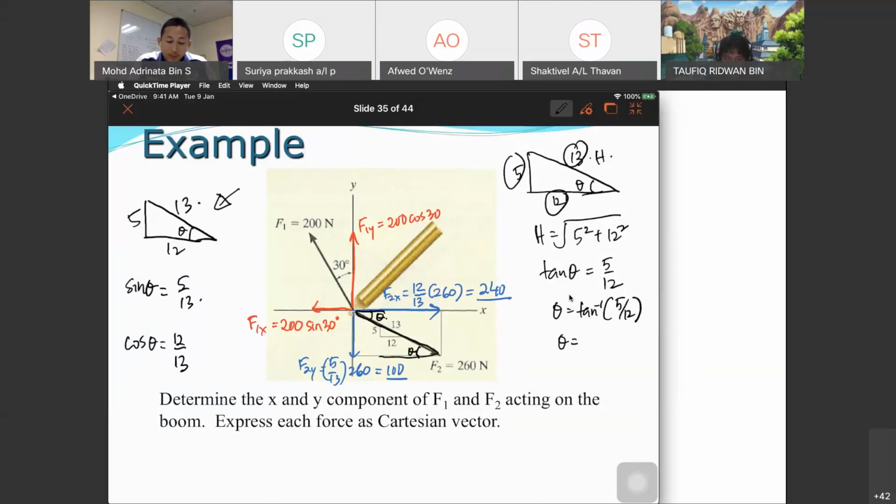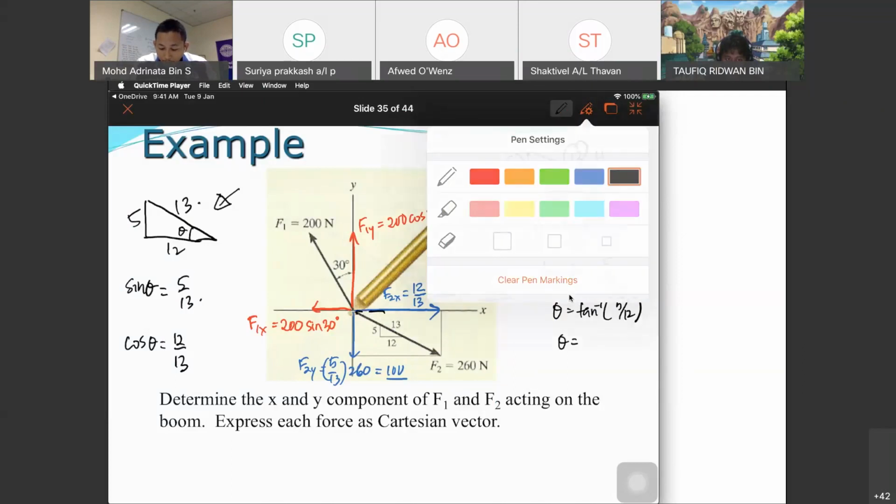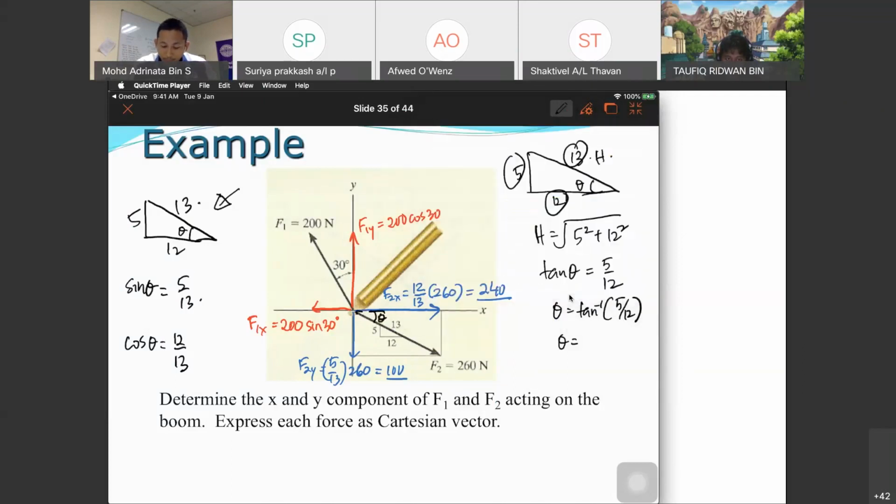So that one is the same theta. So I just put the theta up there. So this is our theta, and we have 13 here. This is our resultant force.